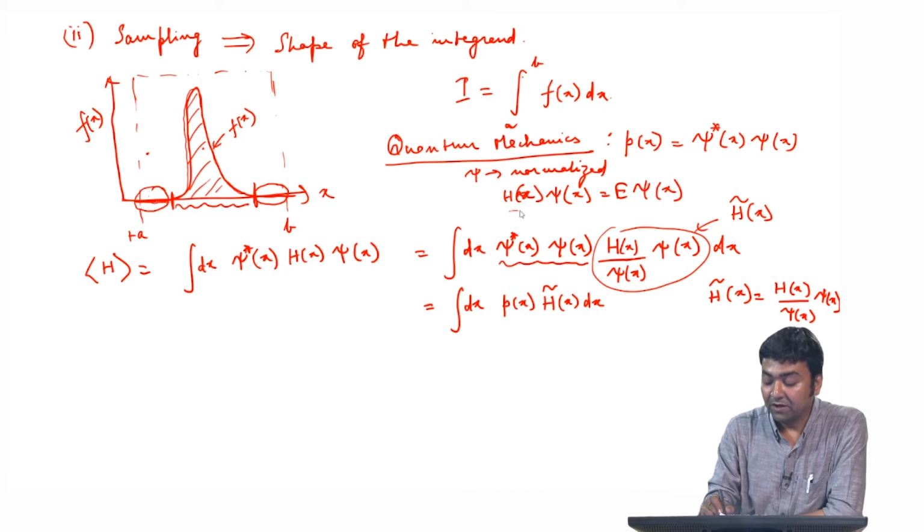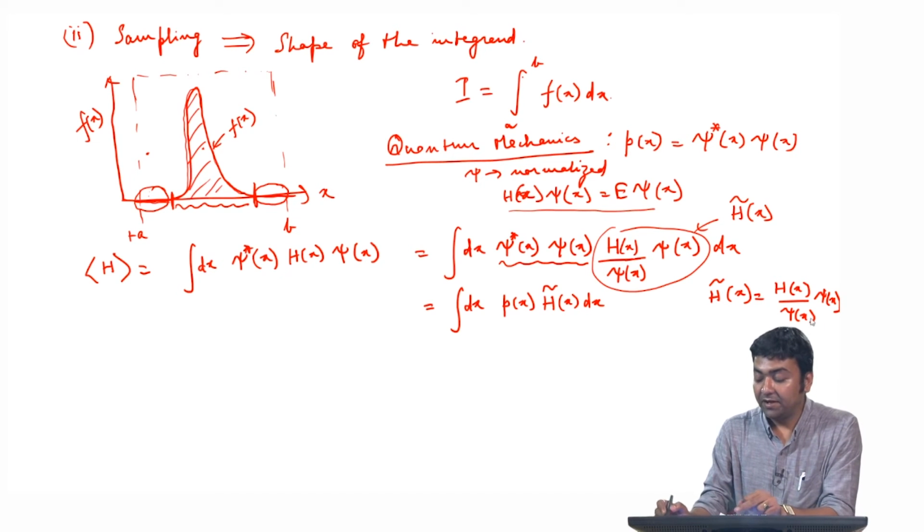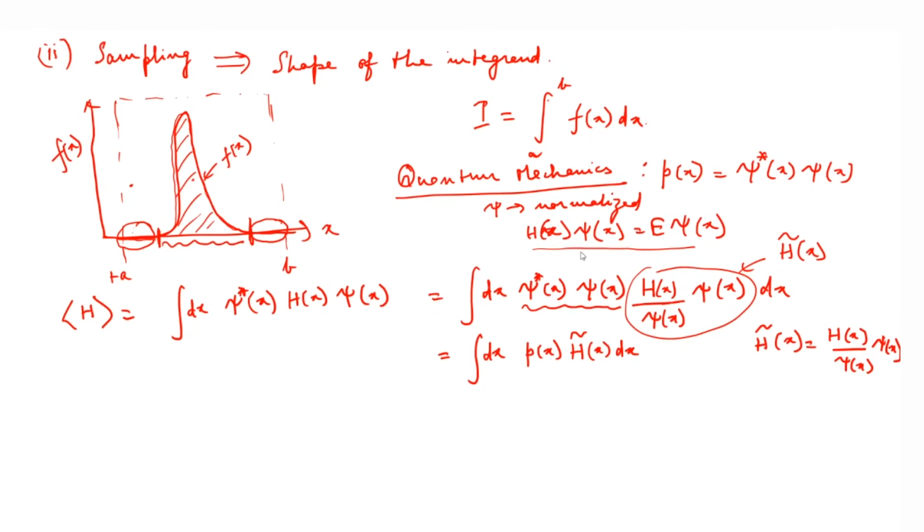But from this equation, what I can see is that H x psi x by psi x is nothing but equal to E, the eigenvalue. So, I can plug this in place of H psi x.